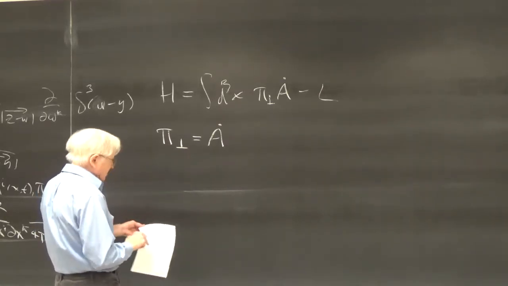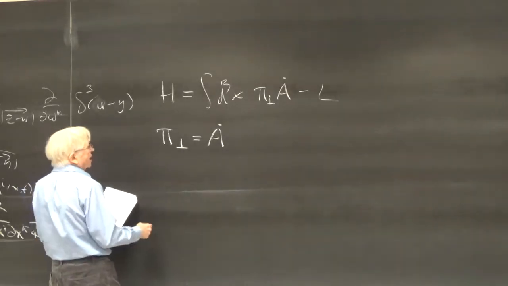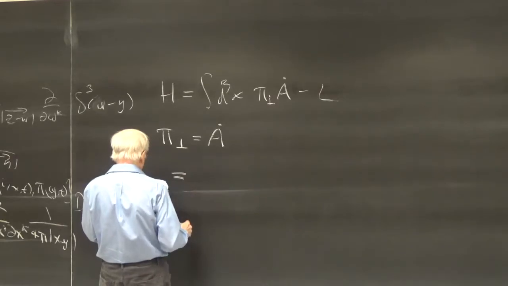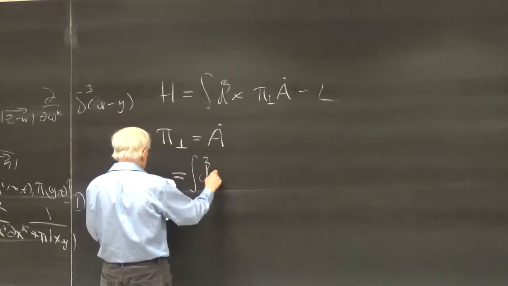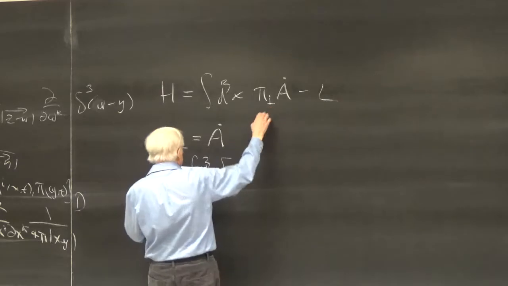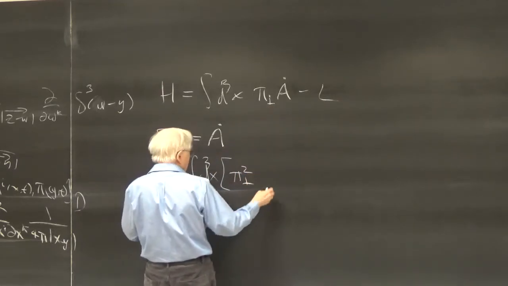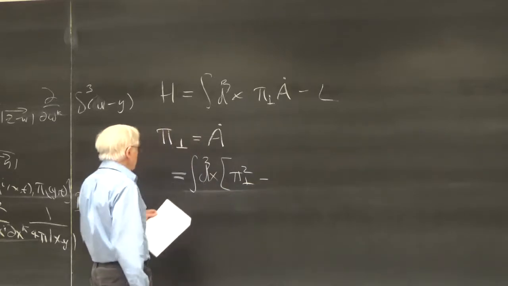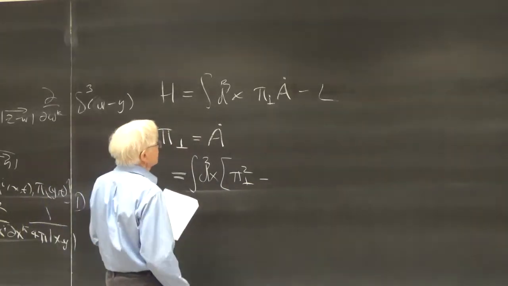I'm going fast because I wanted to get through a lot of stuff since this is the last lecture of the course. So what we get then is an integral d cubed x, and this is pi perp or pi transverse squared, and then we subtract the Lagrangian, the action density.